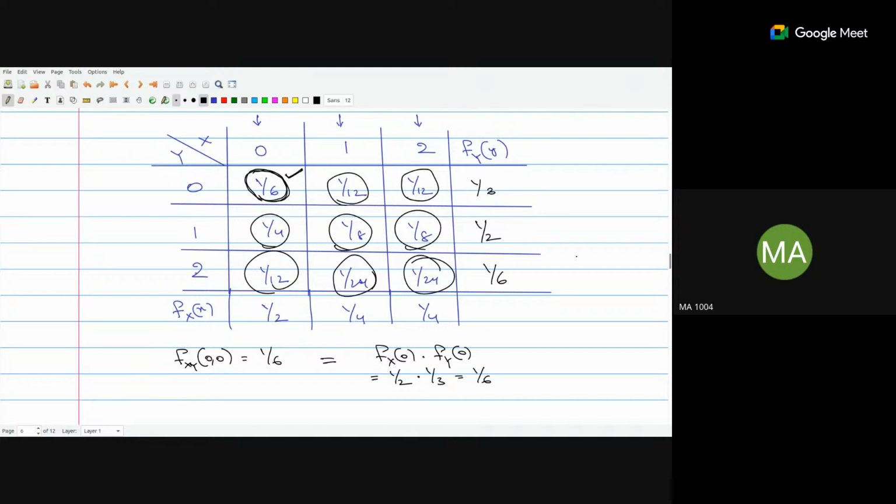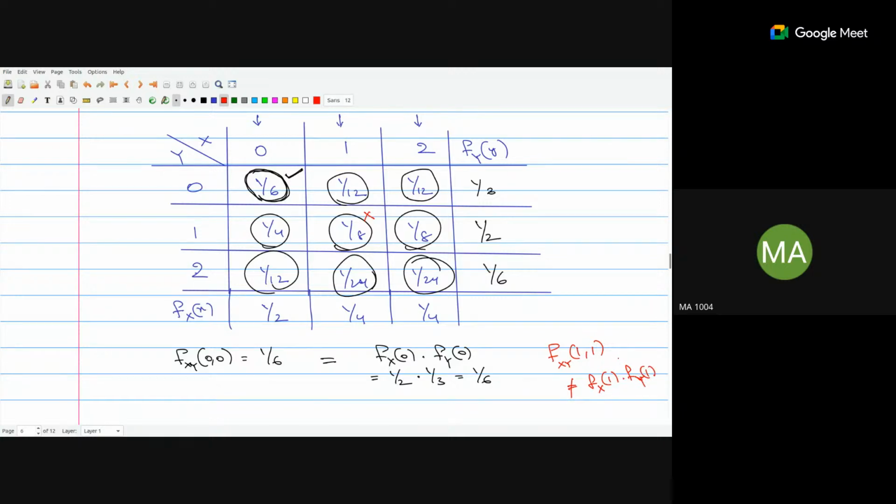If not, they are not independent. Even if it fails for one particular entry, for example if fxy of 1, 1 is not equal to fx of 1 times fy of 1, then we straight away say that X and Y are not independent.